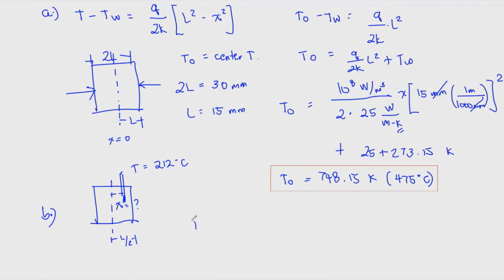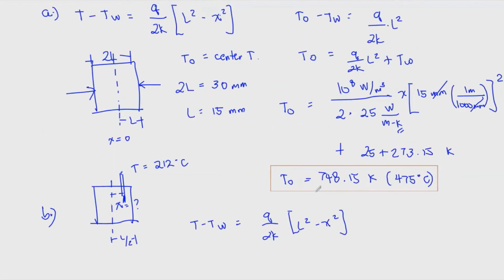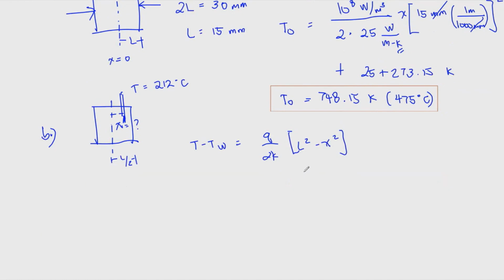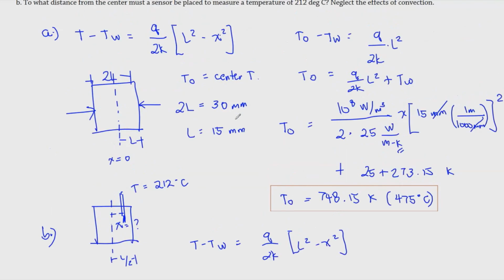So we have T minus TW equal to Q over 2K times L squared minus X squared. Remember, X squared is equal to 0 at the center. So in our previous computations, we've already neglected this X squared term. But now, since we need to find the location from the center, X squared should be included.